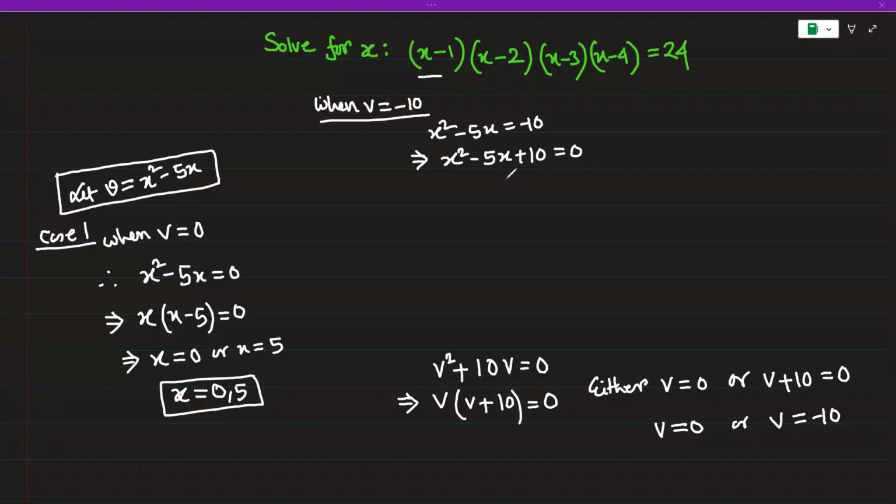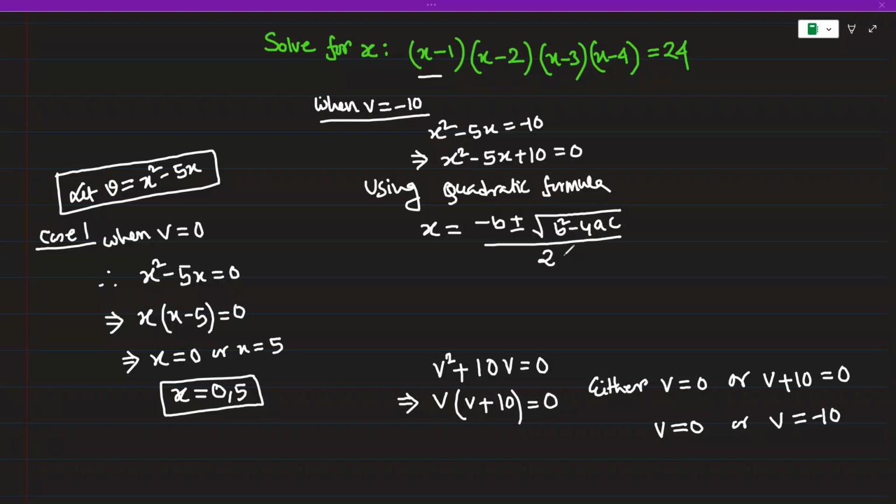To solve this equation, we're using the quadratic formula, which is x equals minus b plus or minus the square root of b squared minus 4ac, divided by 2a.